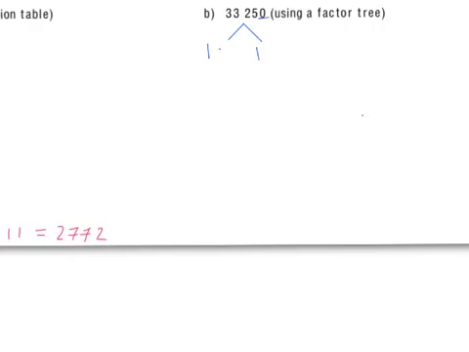And if I divide that number by 10, I get 3,325. The 10 is fairly easy. I'm going to put those in red, 2 and 5. And those are both primes.